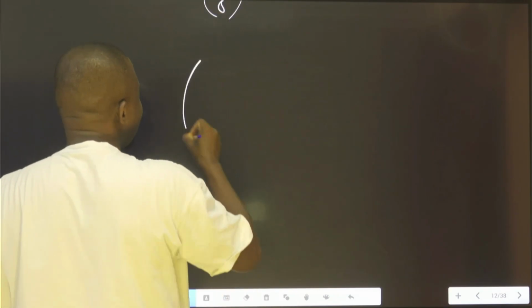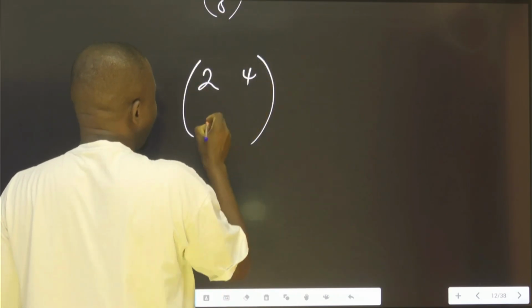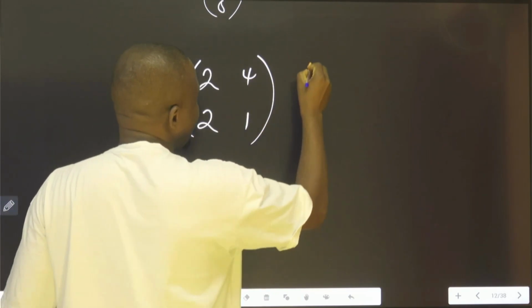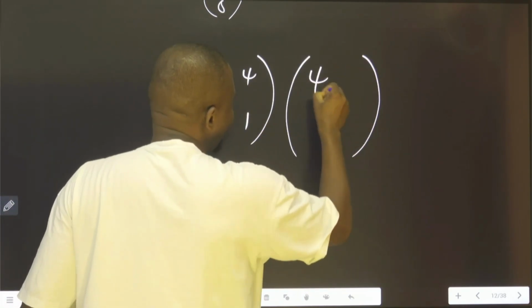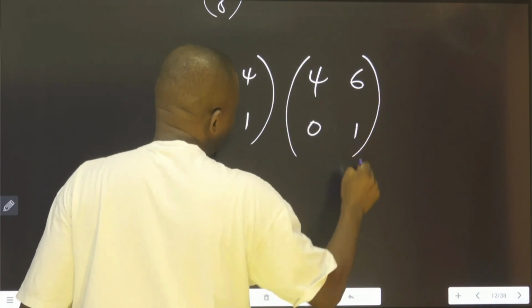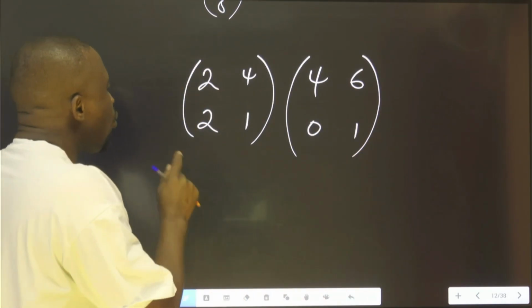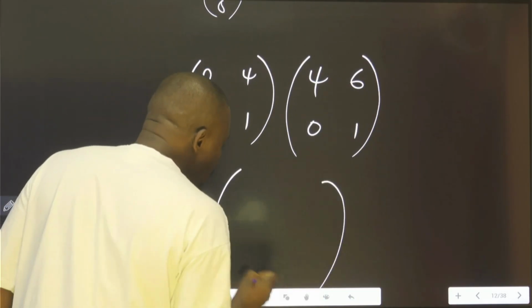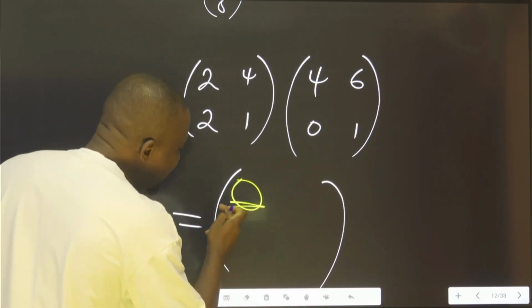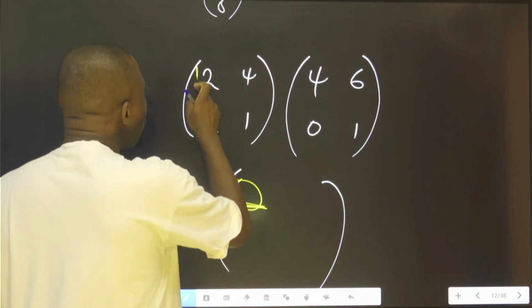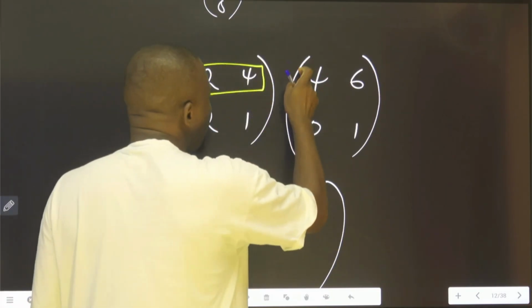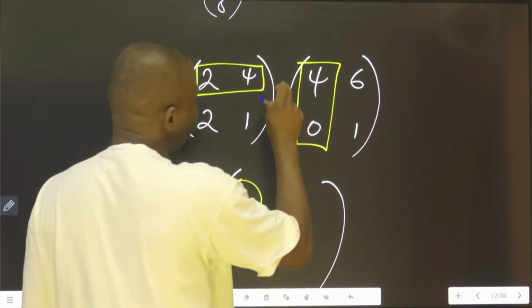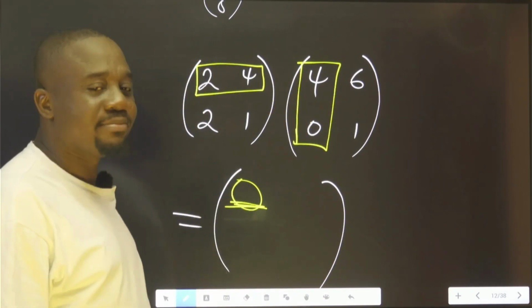If I say this, 2, 4, 2, 1, multiply by 4, 6, 0, 1. For instance, what I need to do to get the new position, this location, I will use this horizontal to multiply this vertical to get here.